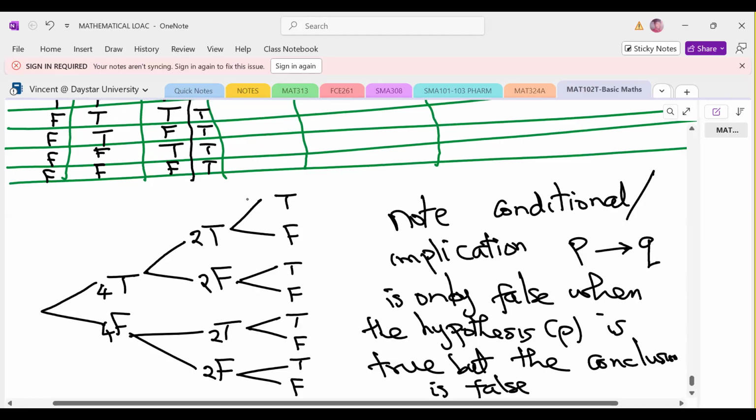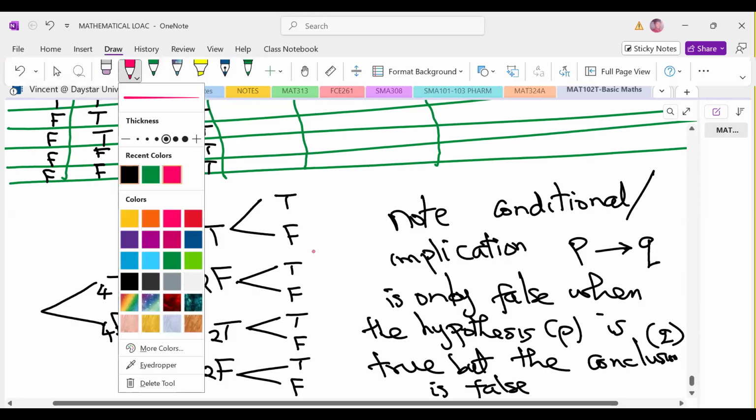So the conclusion in this case is this statement, statement Q. So it means where you put false, if you are dealing with this operation of implication, is where the arrow in the first statement goes from true and enters false. So this is what we mean.